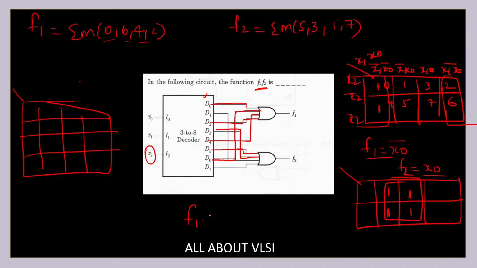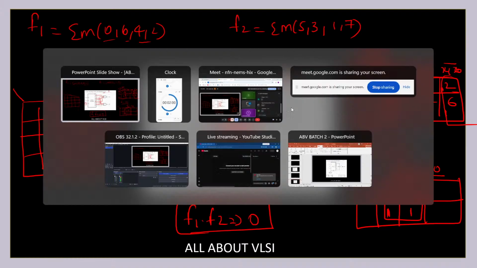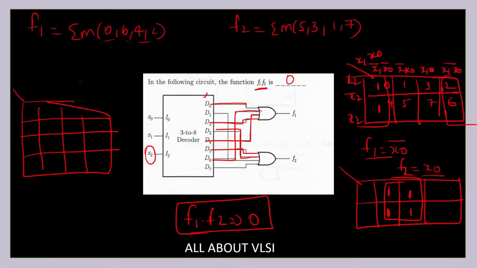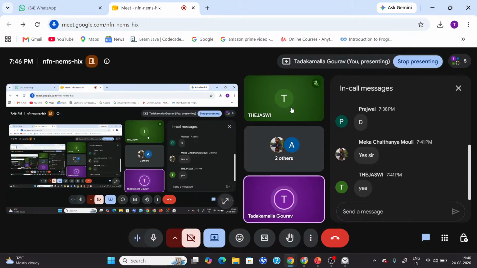So f1 into f2, if you multiply, is nothing but 0. So the answer here is 0. Okay. Yes. Is everyone getting 0 or any other answers? Please let me know in the chat box. Are you getting 0 or any other answers?